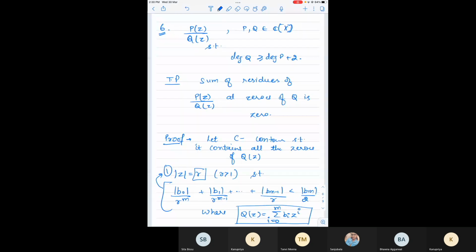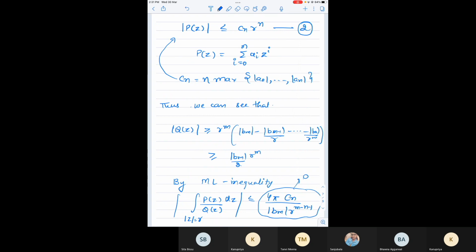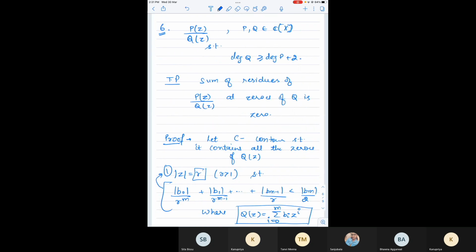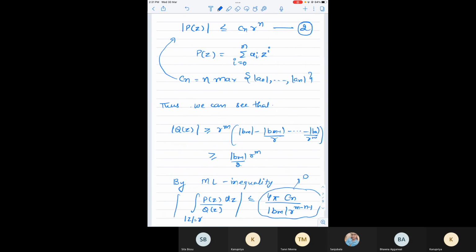First of all, we are choosing some contour C which contains all the zeros of QZ. Then we are choosing this radius R such that this inequality holds. We are assuming that the coefficients of QZ are Bi's and of PZ are Ai's, right? So using these Bi's, we take this condition.